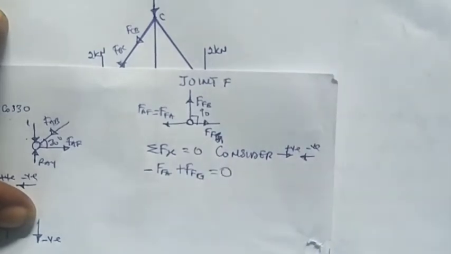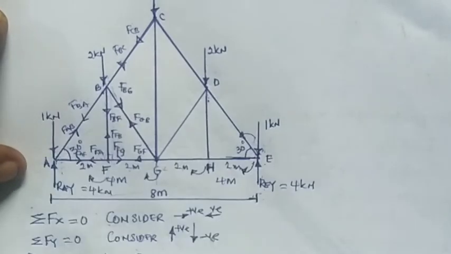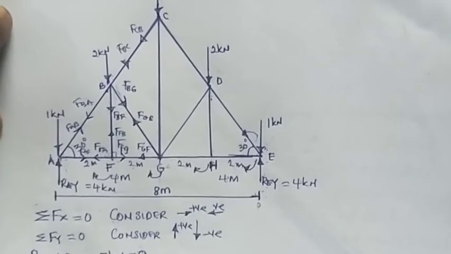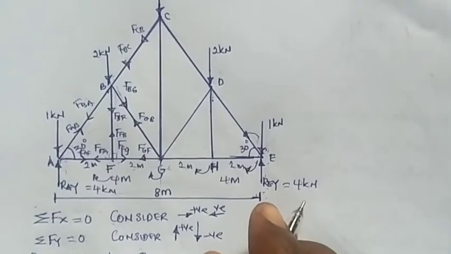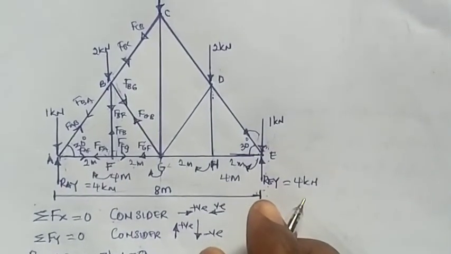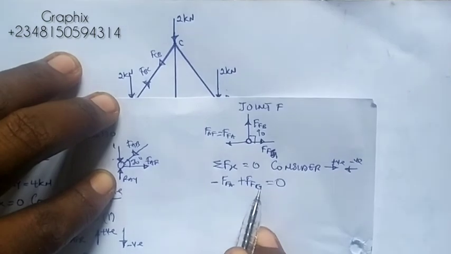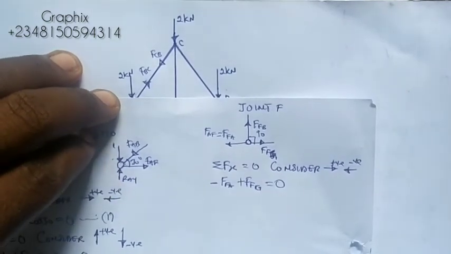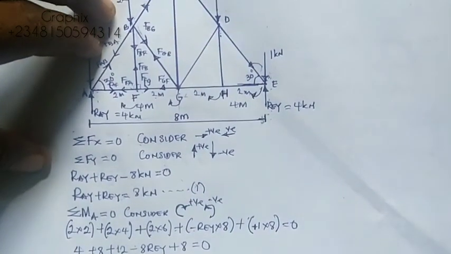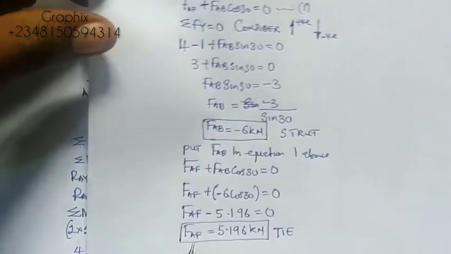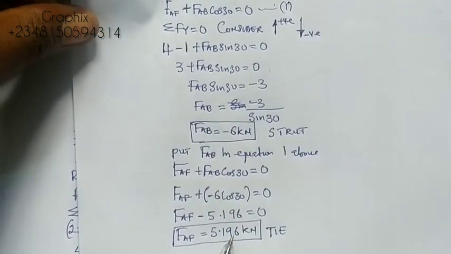But FFA is given, if you check here, to be 5.196.